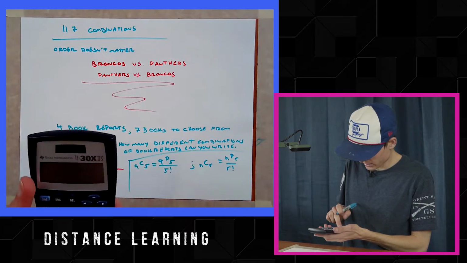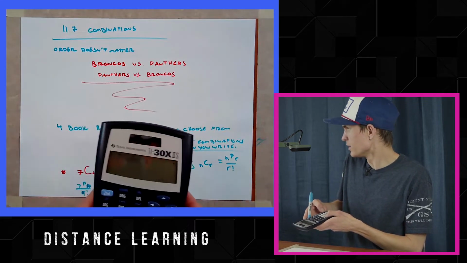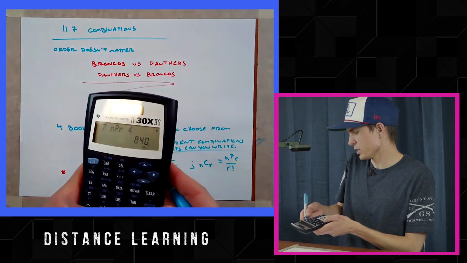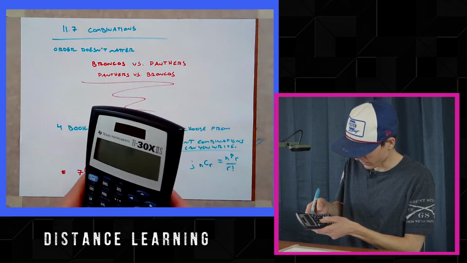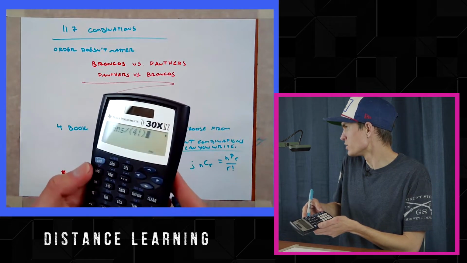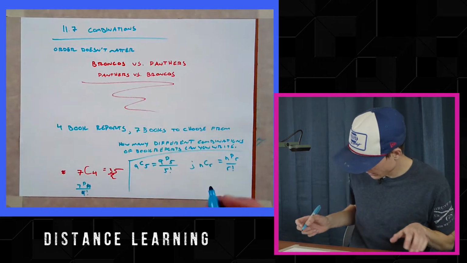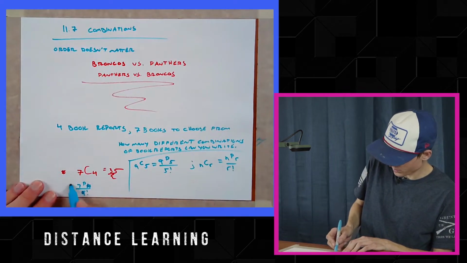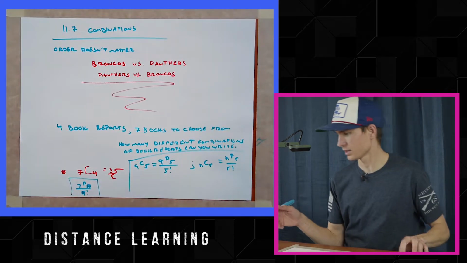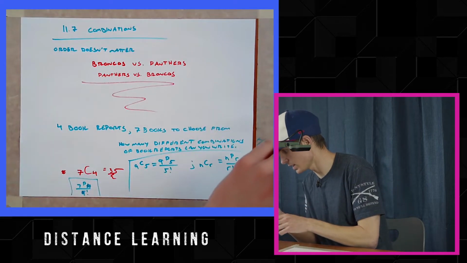Oh, Lord have mercy. 7P4. This would be like if order matters. There's 840, but order doesn't matter, so you divide by 4 factorial. And there you go, your 35. However, don't do it this way. Just use the C button, guys. The calculator automatically codes that part in, essentially.